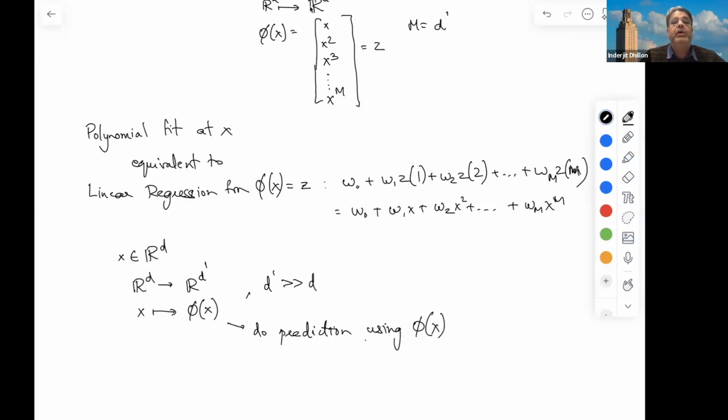So let me show you some examples of polynomial fitting. Let me share my screen.